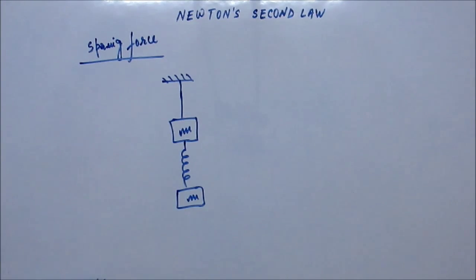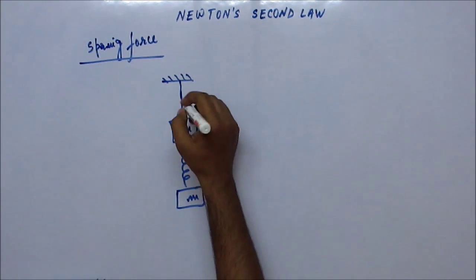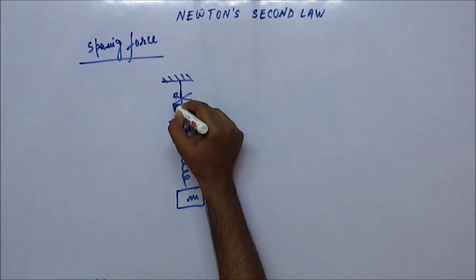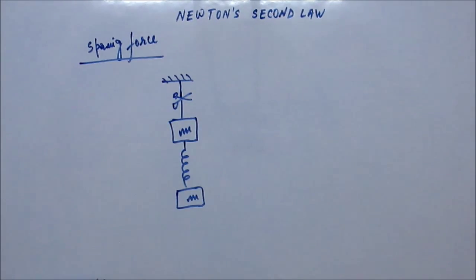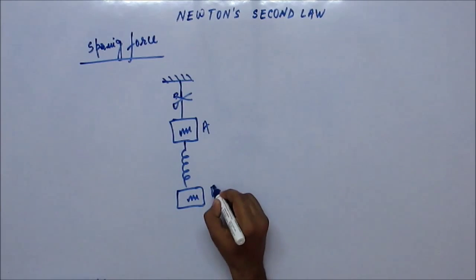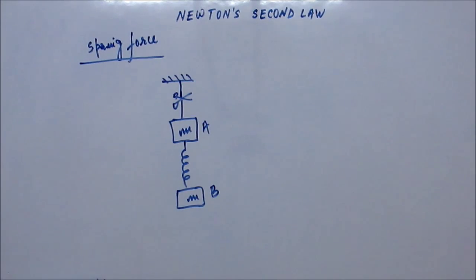If you cut the string from here, then at that very moment when you cut the string, find the acceleration of this block A and this block B. This is a pretty simple, straightforward question, and you should try your hand on this really. Get your answer, tell me what's your answer. What's the acceleration of block B and what's the acceleration of block A?